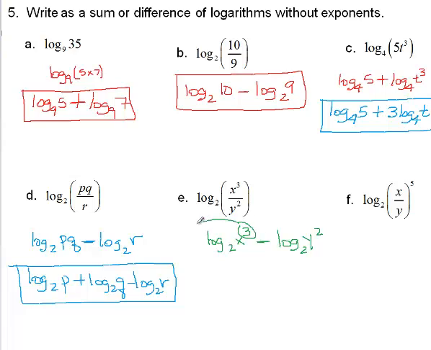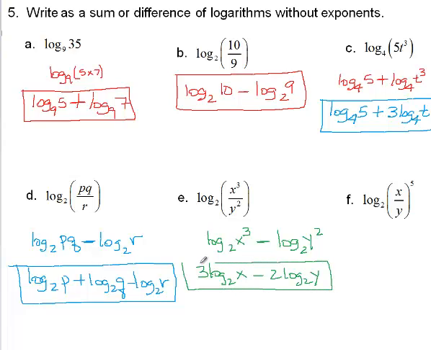Both of these have to be moved down in front as a coefficient. Okay, so we end up with 3 log base 2 of x subtract 2 log base 2 of y. And that's the answer to E and F.